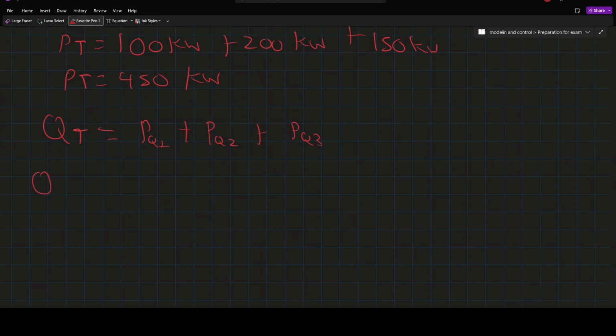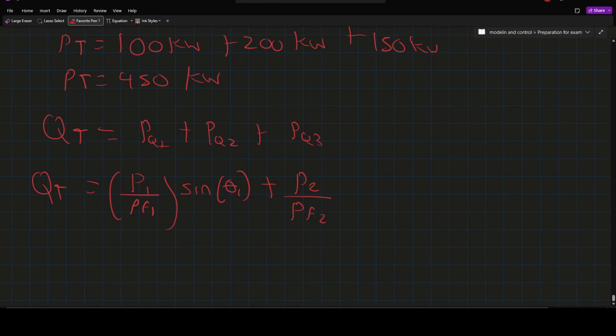And as we figured before with the formulas, we know that Q1 is our real power 1 over our power factor 1 times sine of the angle theta 1, plus P2 over power factor 2 times sine of the angle theta 2, plus P3 over power factor 3 times the sine of theta 3.